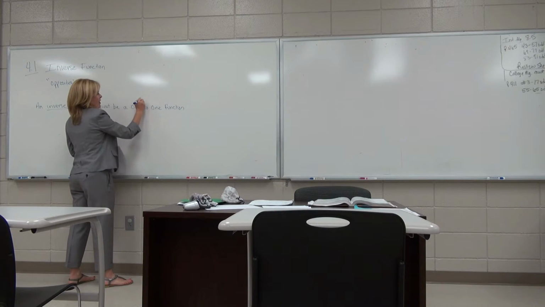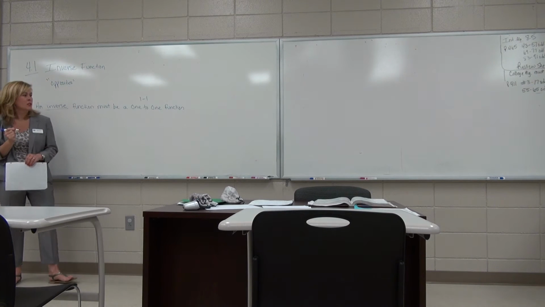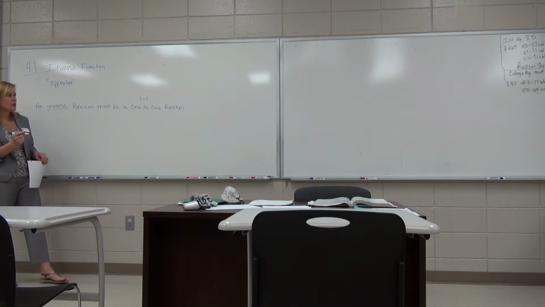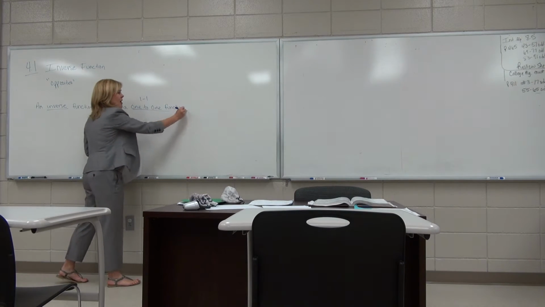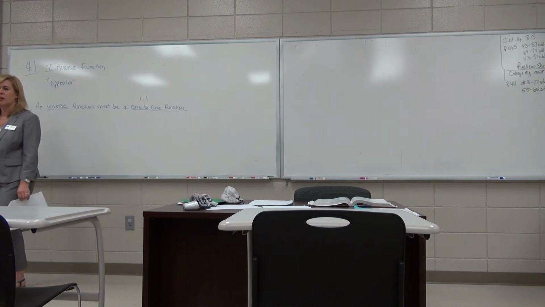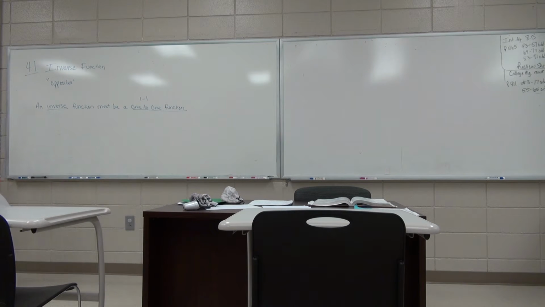And you'll find later on I'm going to write it 1-1 instead of writing it out. But an inverse function must be a one-to-one function. So we need to talk about what does it mean to be a one-to-one function? What has to take place if it's a one-to-one function?